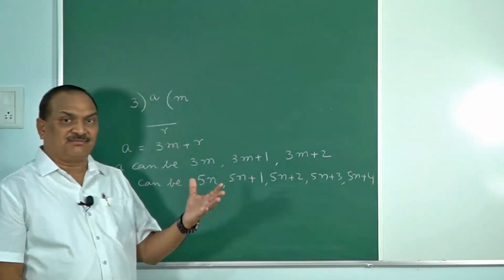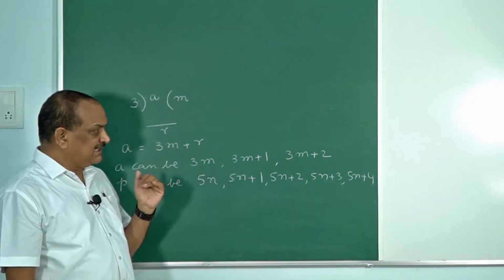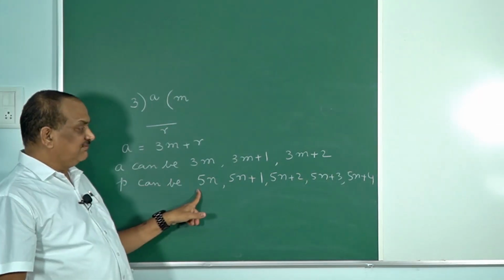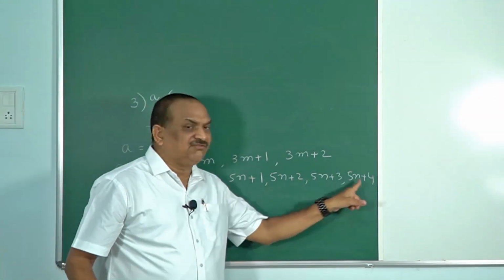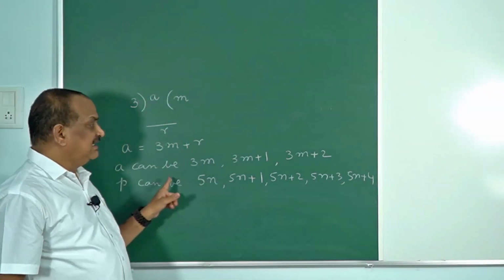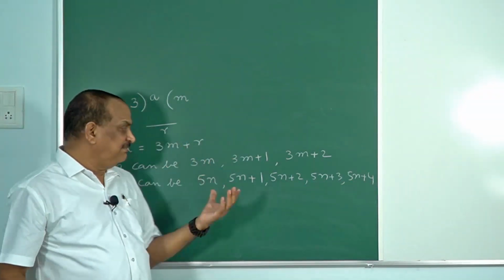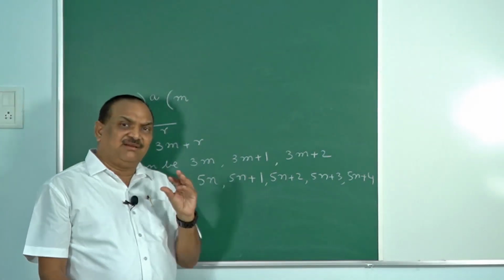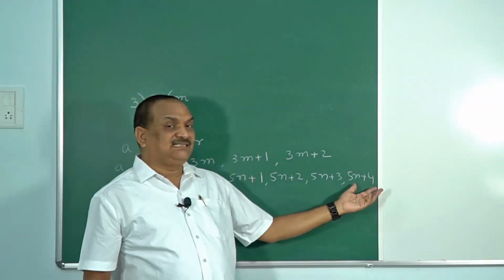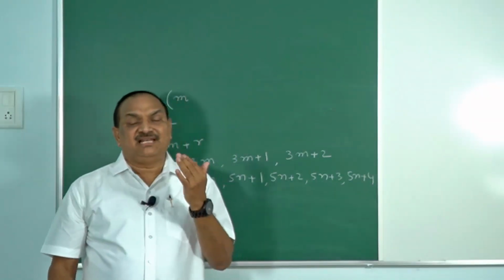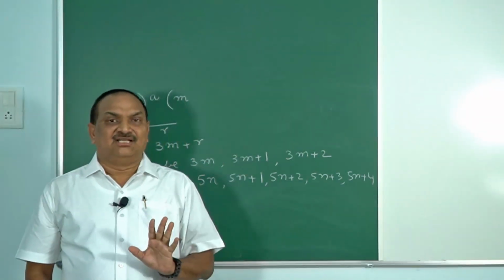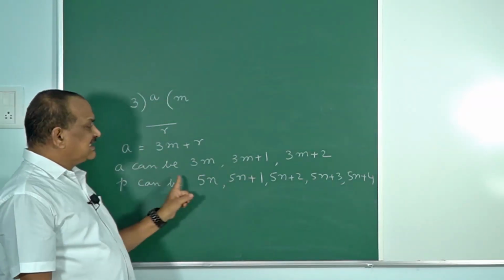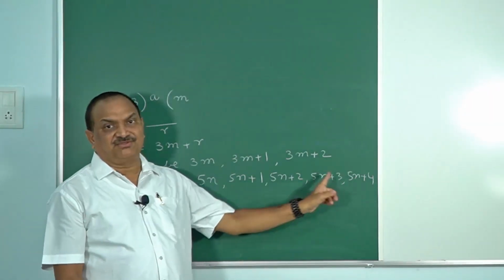It can't go anywhere more than that. So my point here is, when you are dividing any integer by 5, it should be in one of these forms. It can be a multiple of 5, a multiple of 5 leaving remainder 1, or at best it can be a multiple of 5 leaving a remainder 4. That's it. So you should understand any integer can be expressed in any of these 5 forms.